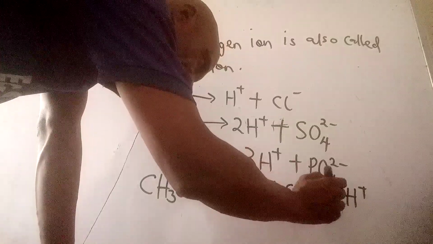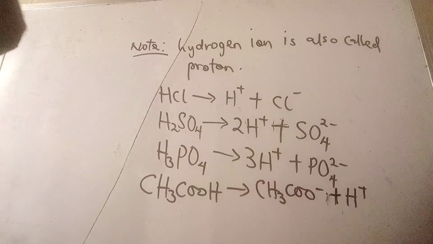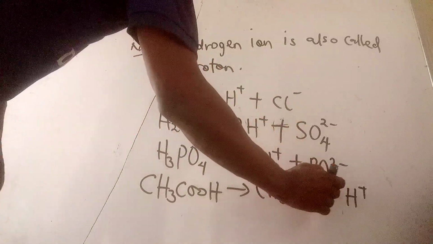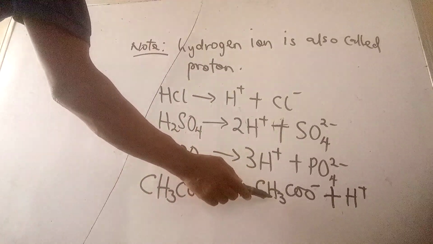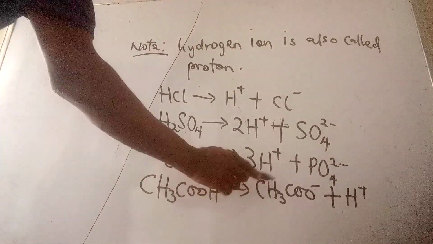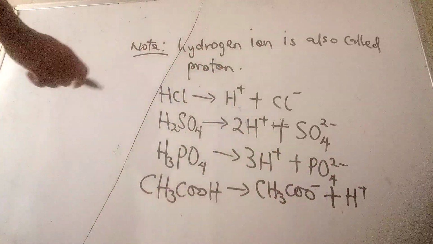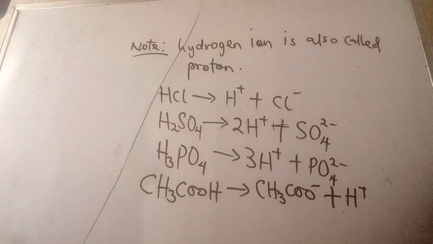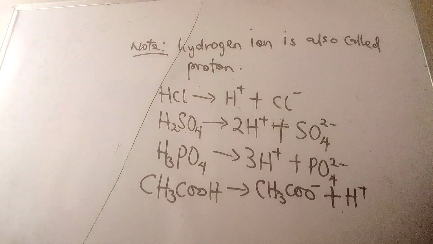So when we get to organic chemistry in SS2, which is year 11, we will be learning about this: why we still have some hydrogen here that are not ionized, and why it is only this one that is ionized. Anyway, I'm going to mention that under the definition of weak and strong acid now.